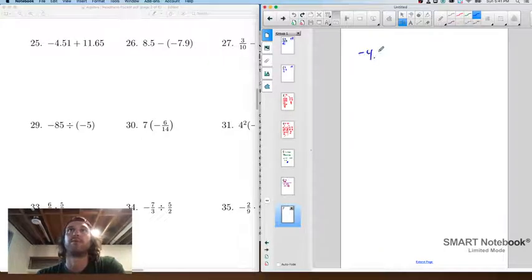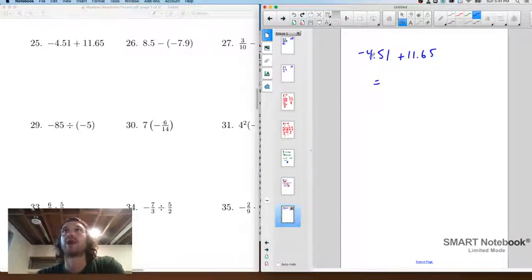If you have negative 4.51 plus 11.65, same kind of thing applies. You have 11.65 good guys, if that's possible, and you have 4.51 bad guys. Good guys are going to win, so we know that our answer is going to be positive. We know that they're going to fight, and fight really means subtract.